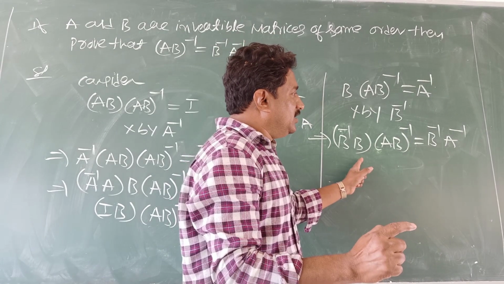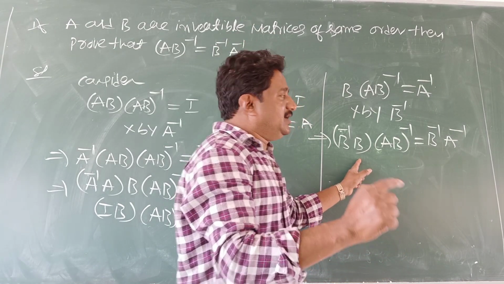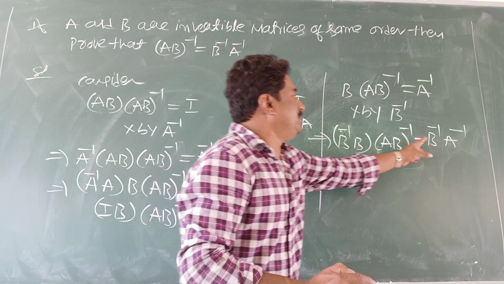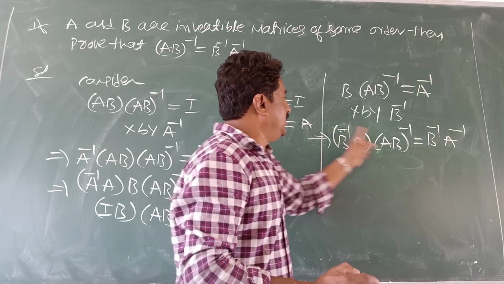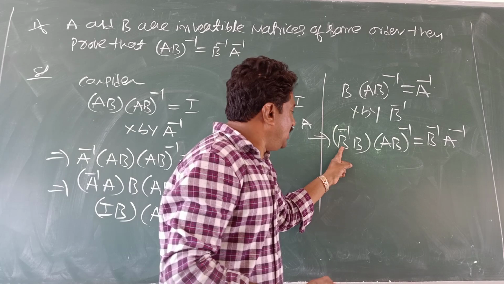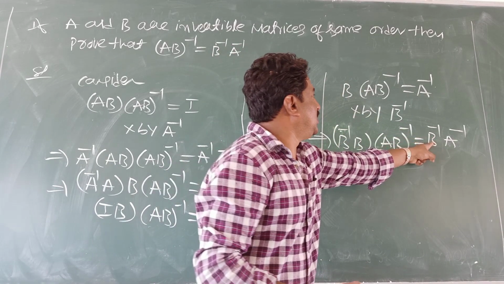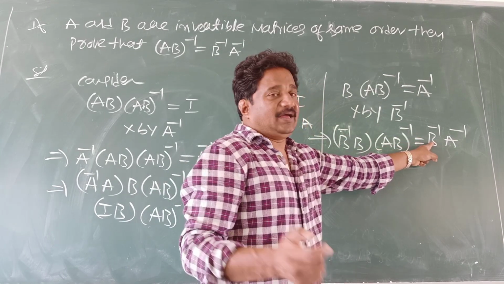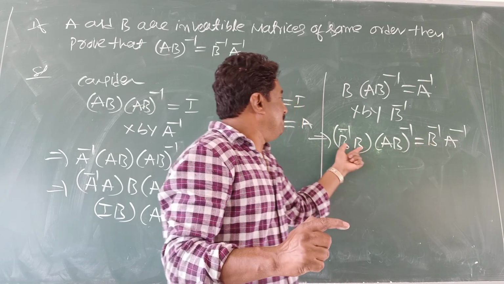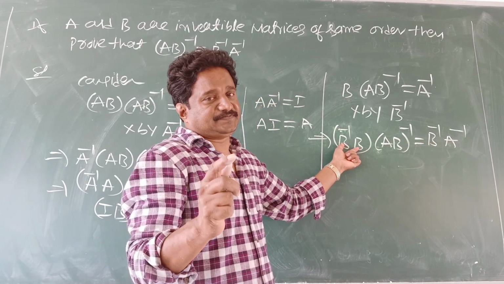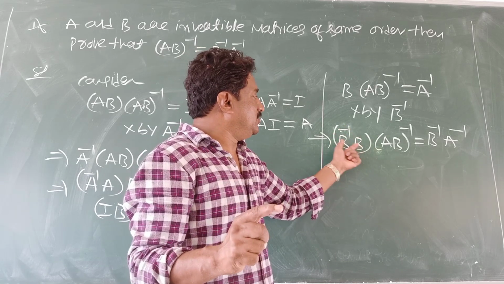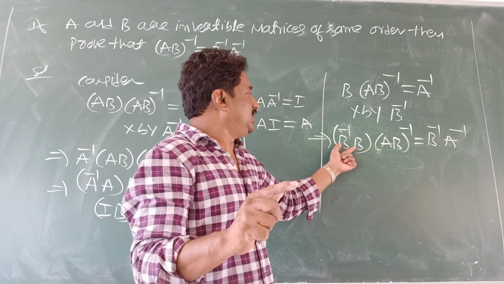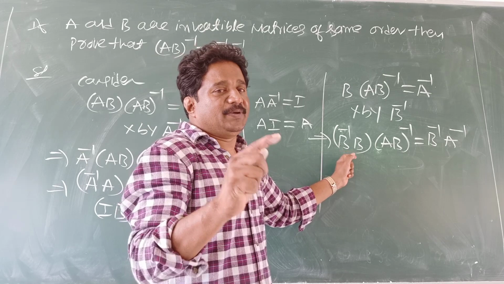What I have done here is the same thing. I multiplied both sides by B inverse. Here I have written B inverse, and on the right side also I have written B inverse. The main intention of that is B into B inverse becomes I. Why should B into B inverse become I?